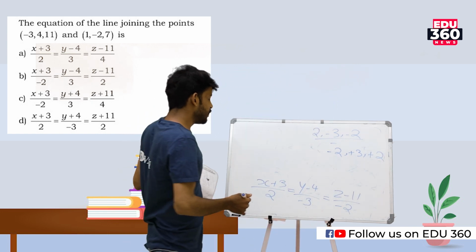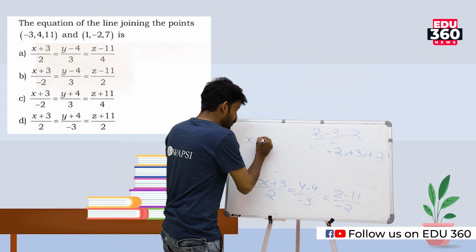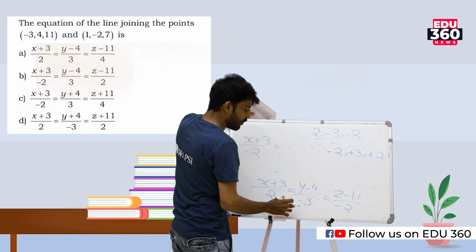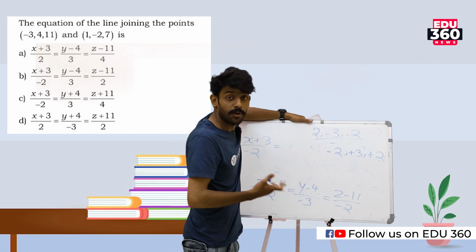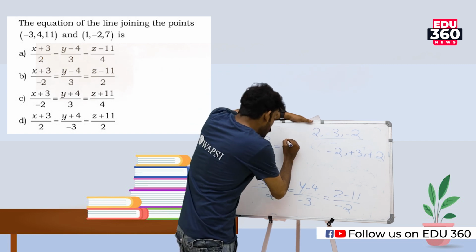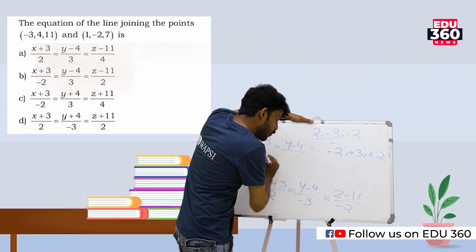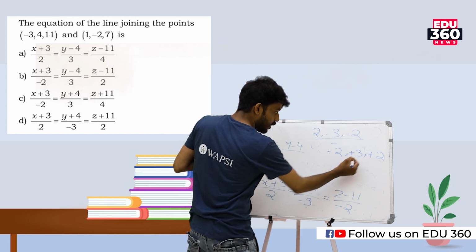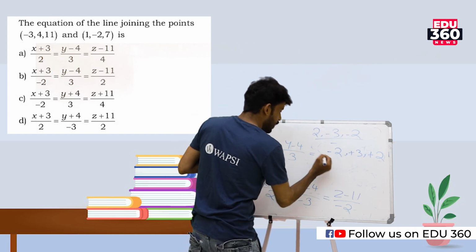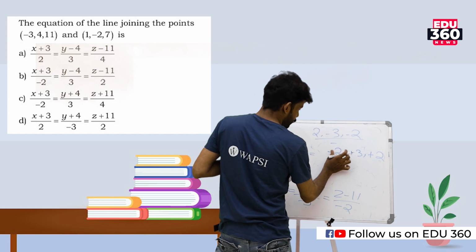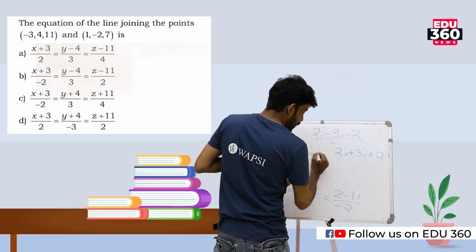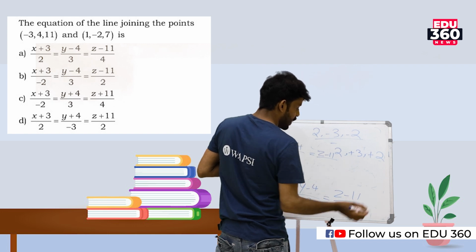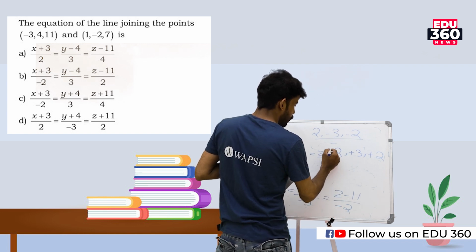So we can write it as (x plus 3) divided by -2, (y minus 4) divided by plus 3, and the last one is (z minus 11) divided by 2.